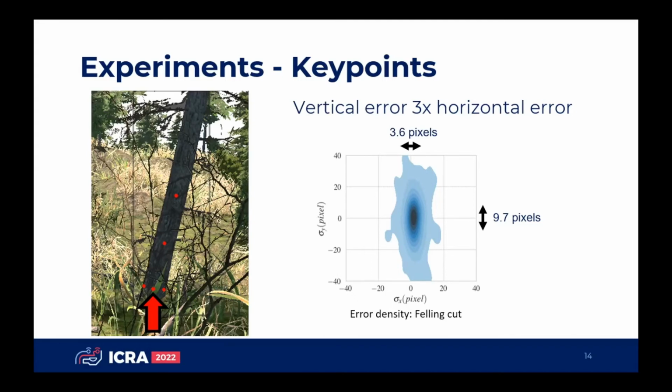Intuitively, this was to be expected because predicting the key point height requires global image information, while predicting the key point centering or edge requires more local information in the image. From a practical standpoint, we prefer a small horizontal error because a large one can lead to the fading cut estimation being beside the tree. With the vertical error, if it's too high, it's not a big deal because the harvester can just grasp it and roll down the tree.